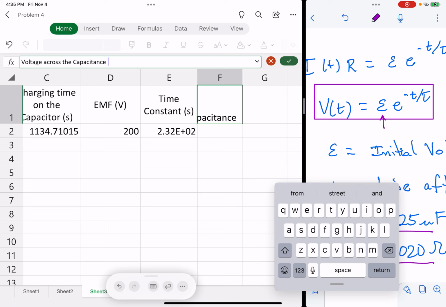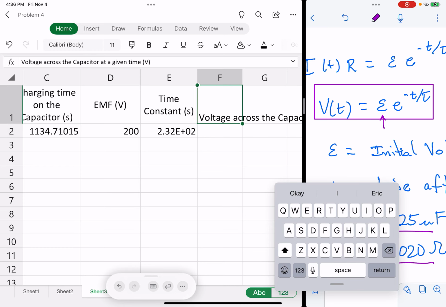So you have to do it again at a given time, and we know what our given time is. Also, I'm just going to put my units in. Always very important.